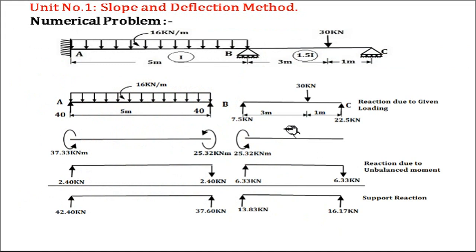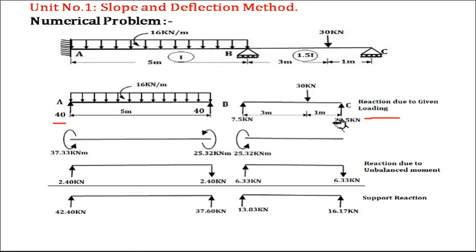The next step is to calculate the support reactions. First you have to find the support reaction due to the given loading. For member AB, the given load is a uniformly distributed load of intensity 16 kilonewton per meter, length is 5. So the end reaction will be WL by 2 and that value is 40.